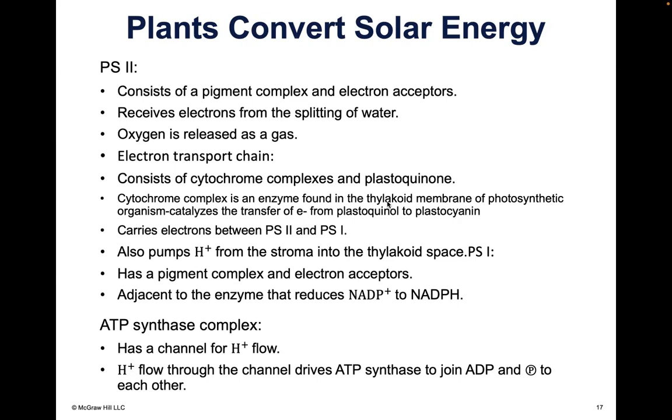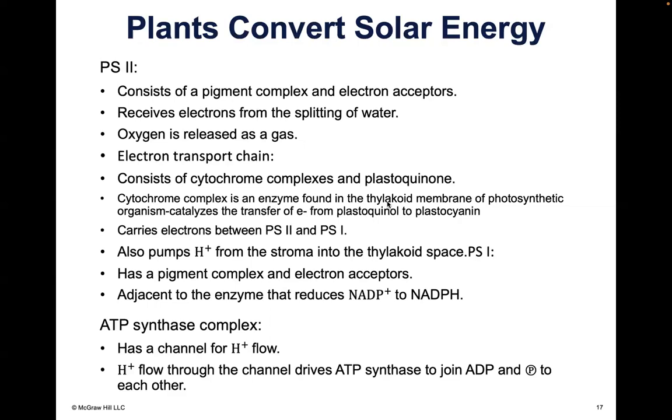So now the electron transport chain is produced, whereby all the electrons are gathered. This consists of cytochrome complexes and plastoquinone. These are enzymes which are very important in the process of photosystem 2.